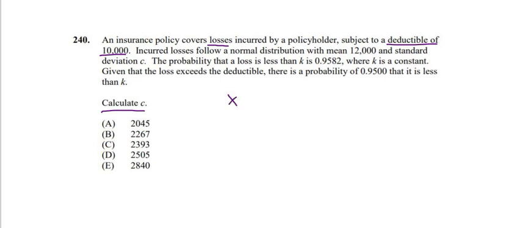Suppose x is the loss, and x follows a normal distribution with this mean and standard deviation C. We want to find this C. The condition is that the probability that the loss is less than k is this.